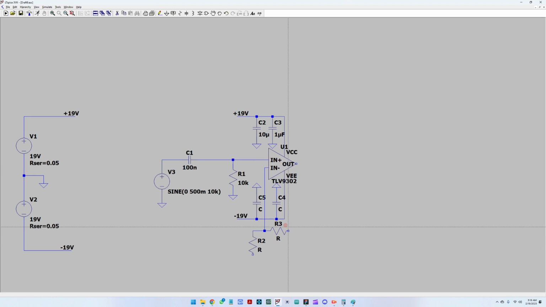Okay, and let's connect the output, and here we are going to connect the ground.